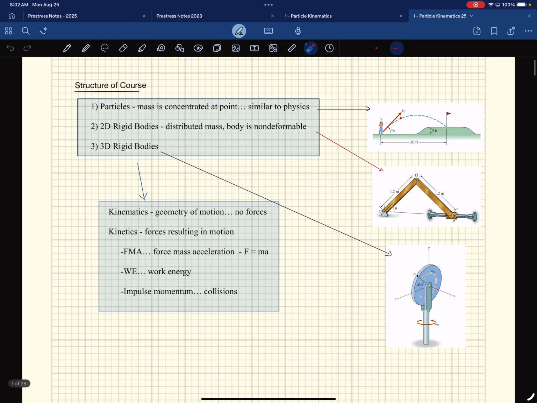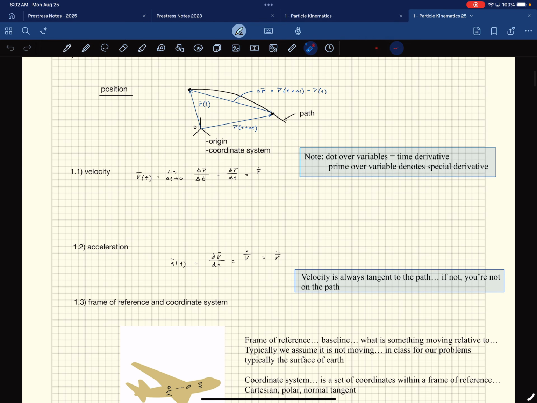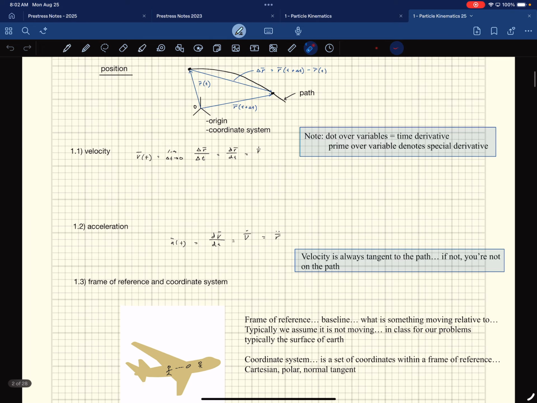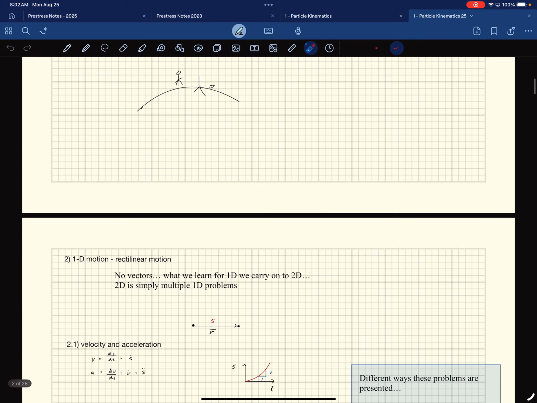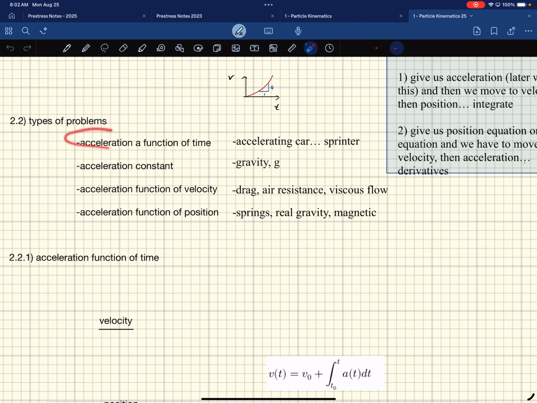So right now, we're starting out with kinematics and particles, right? So geometry of motion. These are going to be cases where we are given the acceleration as a function of time, acceleration as a function of position, or acceleration as a function of velocity. Later on, we are going to derive those equations, right? But right now, that's just a given.